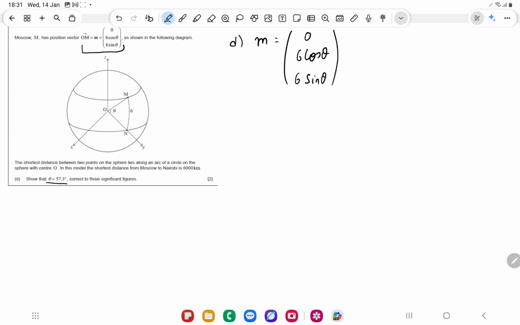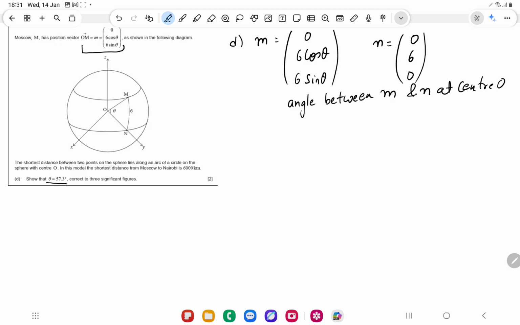Now Nairobi lies on the equator with position vector (0, 6, 0). This I have already written earlier. So we will assume the angle between M and N at the center O as theta. Now we will use the shortest distance along the sphere, that is S equals R theta.